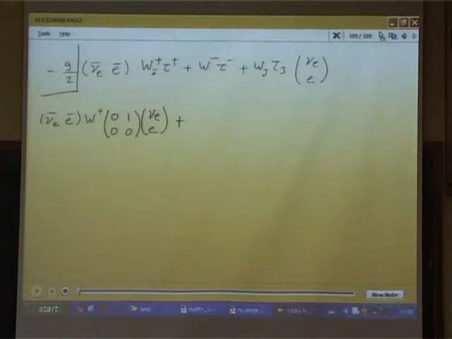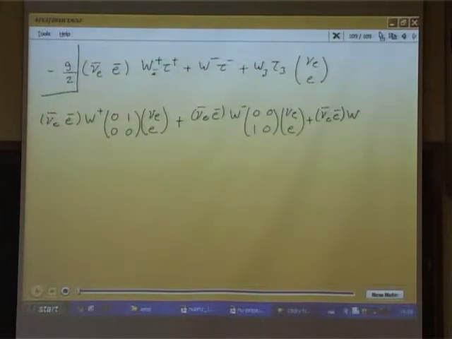The second term is U E bar W minus 0, 0, 1, 0 times. The third term is again U E bar W3, 1 minus 1 times.